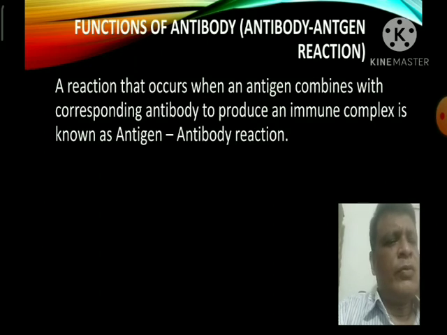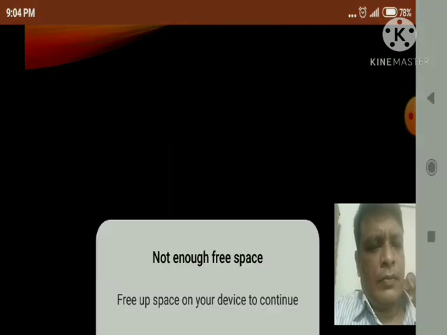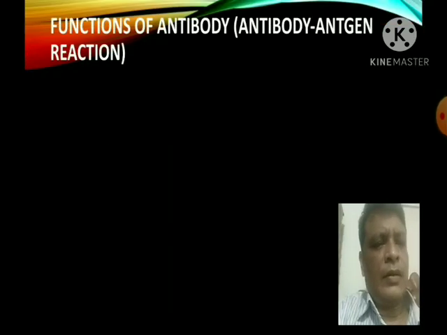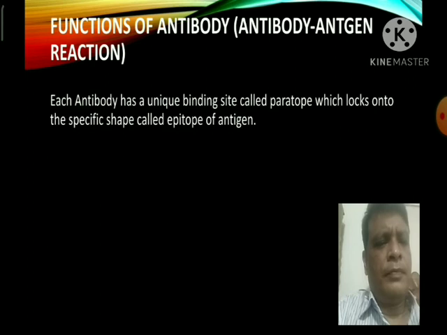Now the functions of the antibody-antigen reaction. A reaction that occurs when an antigen combines with the corresponding antibody to produce an immune complex is known as the antigen-antibody reaction.